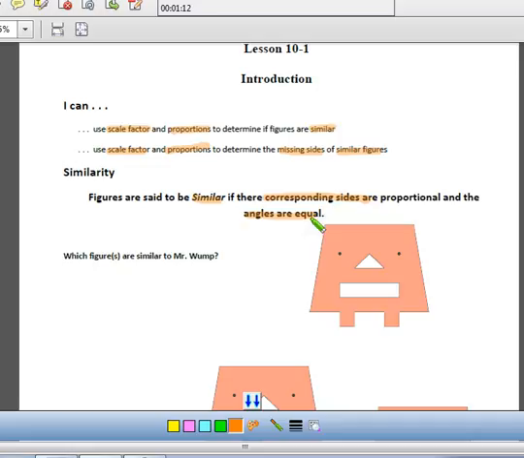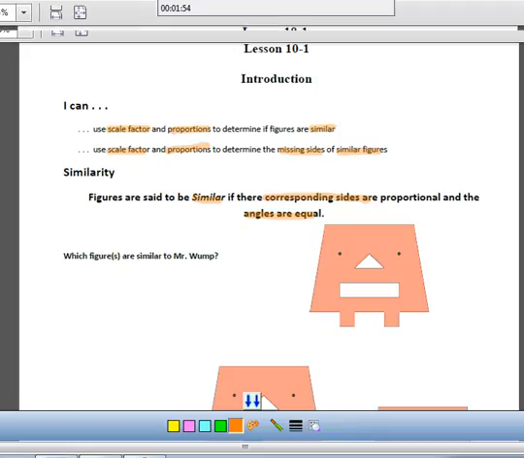You get it. And that's very important. So they are proportional. That means, it doesn't mean that they're the same. It just means there's a relationship there. But then the angles are equal. And that's kind of a tricky thing to tell because unless you have a protractor or some way of measuring, you'll need to understand that they are the same if they're similar.